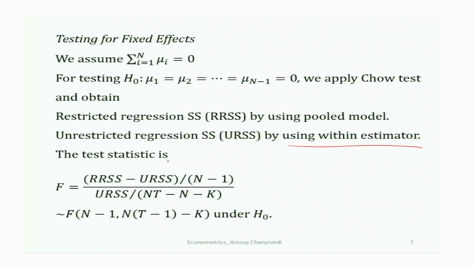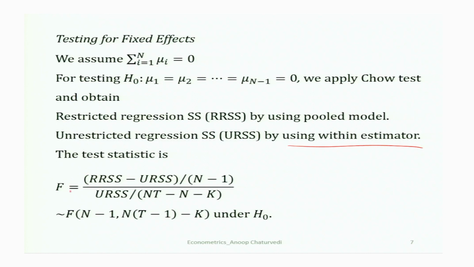Then your test statistic is F equal to (RRSS minus URSS) divided by N minus 1, upon URSS divided by nT minus N minus K. And then under H naught, this follows F distribution with N minus 1 and nT minus N minus K degrees of freedom.